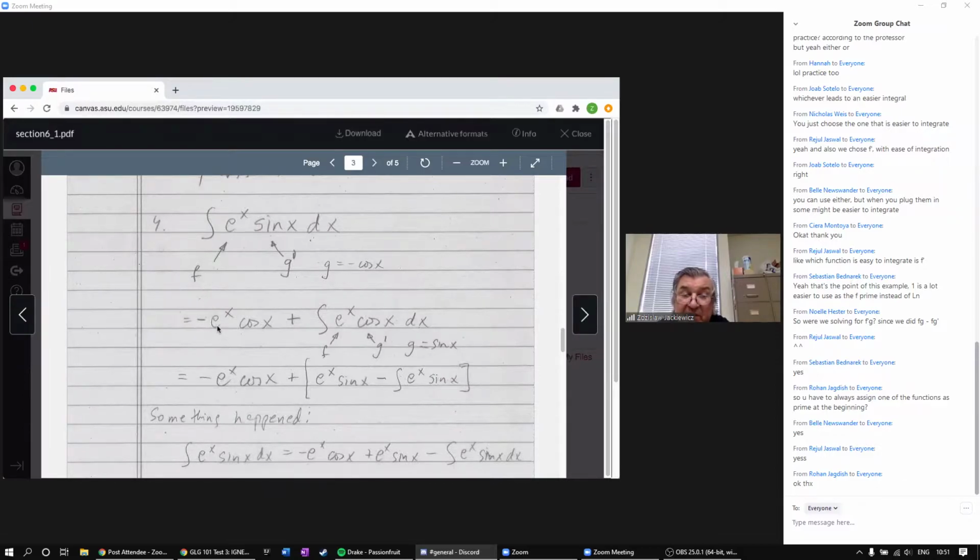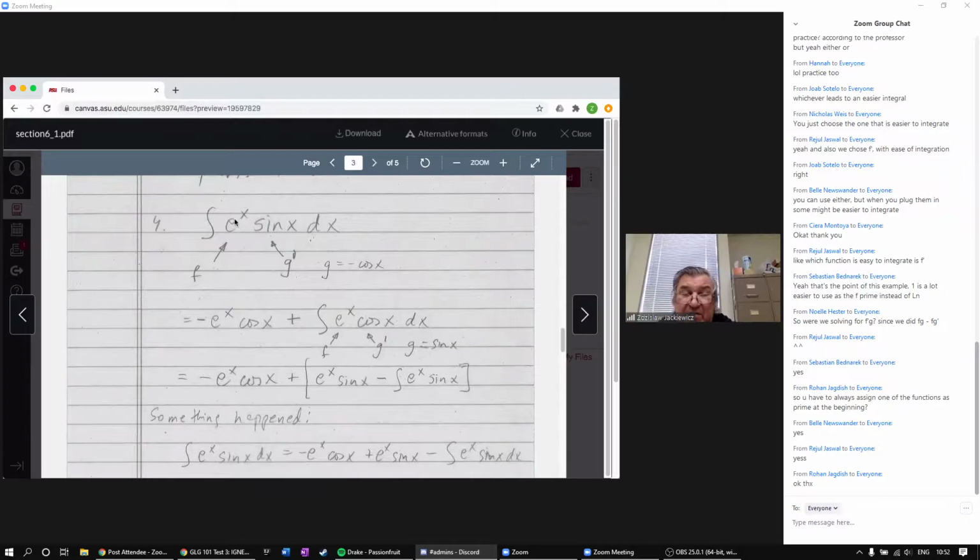So f is e to the power x, and g is minus cosine x. So minus e to the power x cosine x. So this is fg. Minus, so I put here plus because we have minus, and then this minus will give you plus. So minus the integral of f prime, which is again e to the power x, and g is minus cosine. That's why I got plus here, because minus and minus cosine gives you plus.